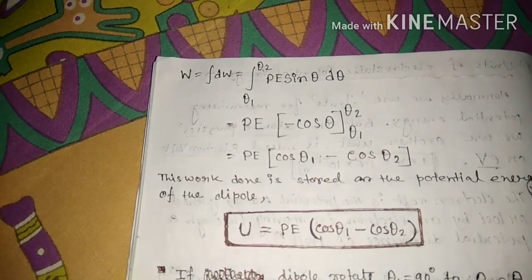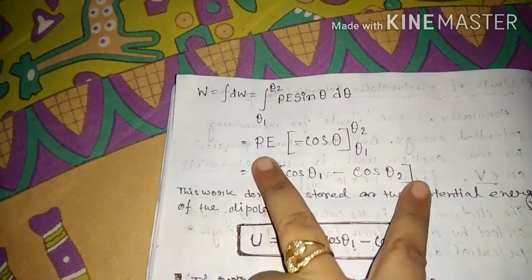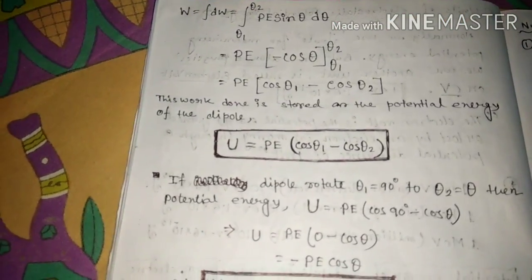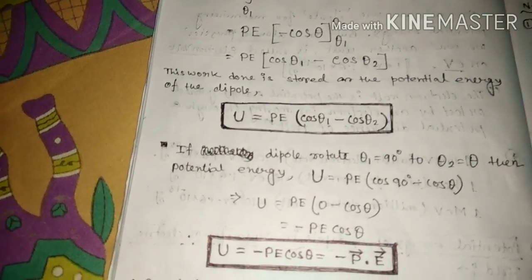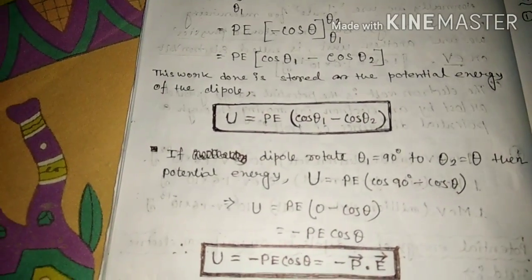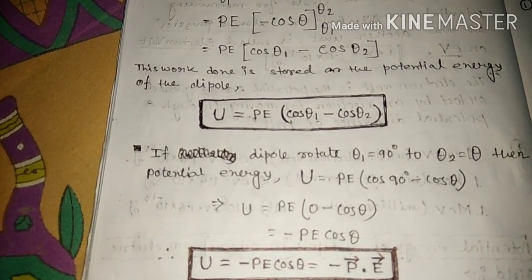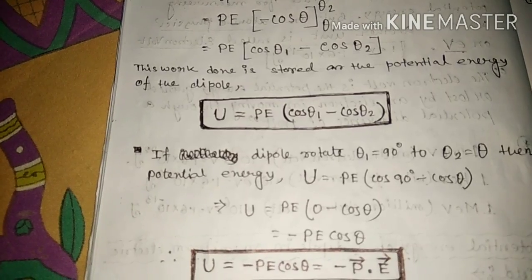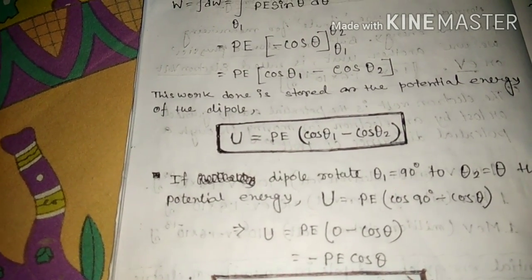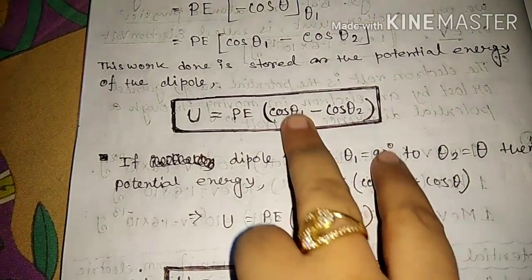Now we know that the work done is stored as potential energy. So potential energy U equals pE (cos theta 1 minus cos theta 2). Now first of all we consider theta 1 equals 90 degrees, that is the perpendicular direction, meaning the angle between the electric field and the dipole is 90 degrees, and theta 2 equals theta.